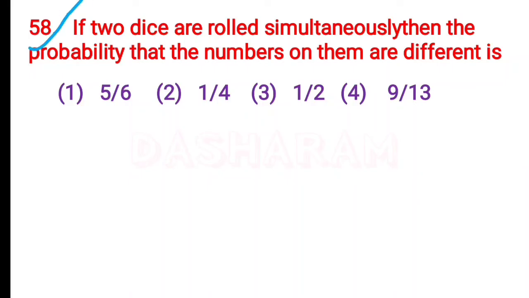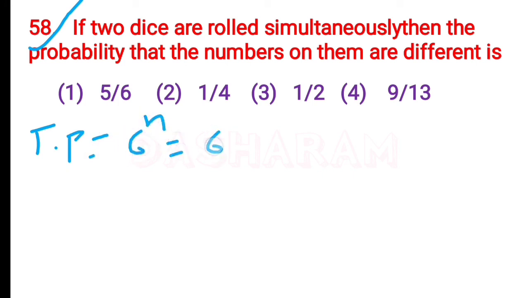Next, 58th: if two dice are rolled simultaneously, then the probability that the numbers on them are different is, if the two dice are rolled simultaneously, the total possible outcomes are 6 to the power of n.